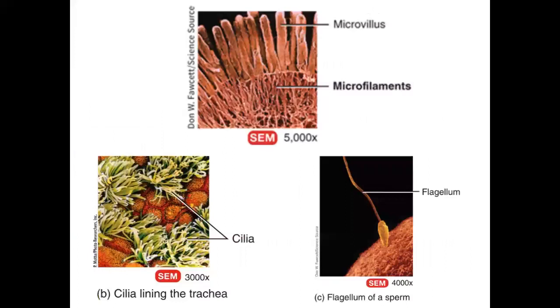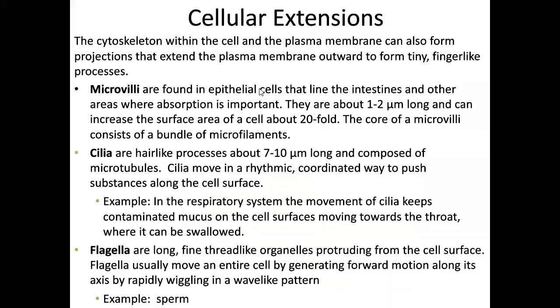What is absorption? The movement of substances into a cell. Now, the word microvillus is the singular form of microvilli, and since only one is labeled, that's why it's villus instead of villi. They are just extensions of the cell, like little fingers that enable the cell to have increased surface area.